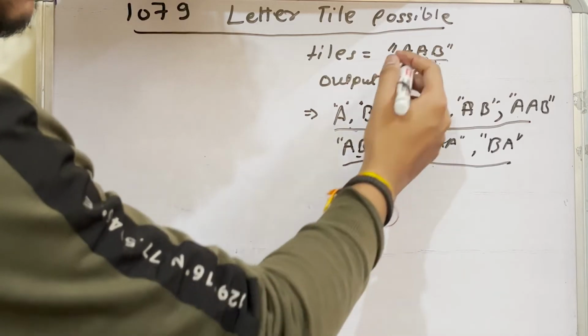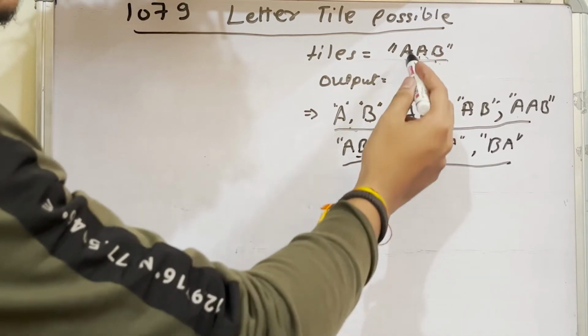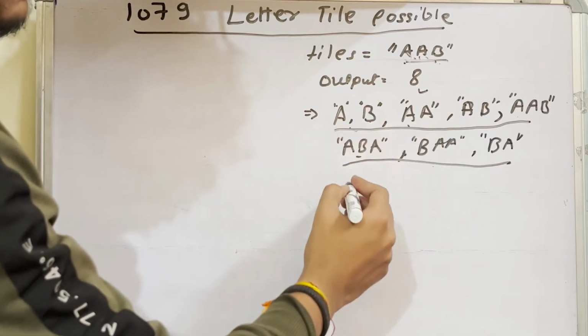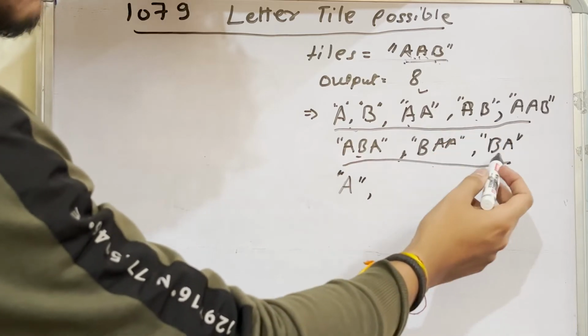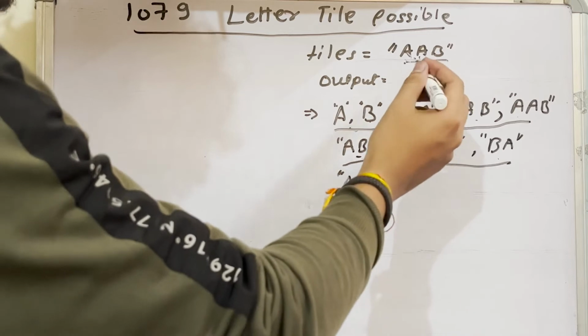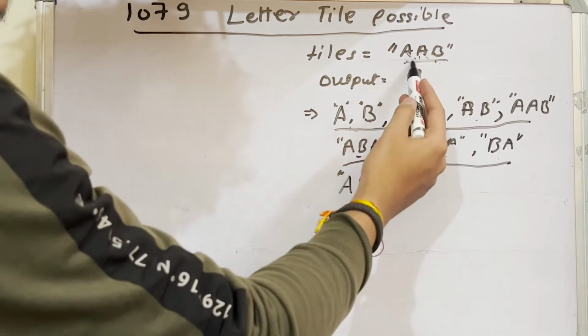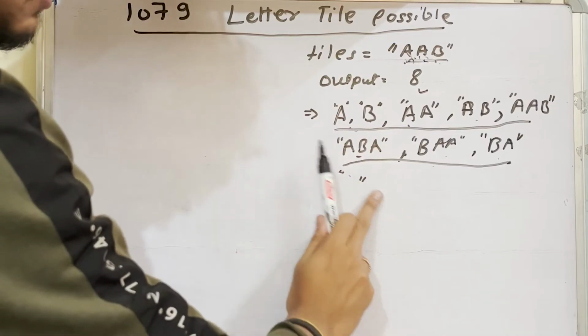So if there are repeating characters, then the number of combinations will be more. Like for this, you'll think one more AB will be there, BA will be there. Similarly, this and this, because you'll treat this A as a different character from that A. But we don't have to do this.